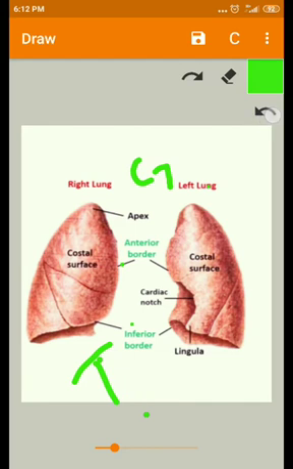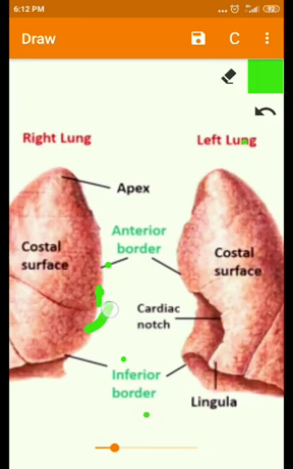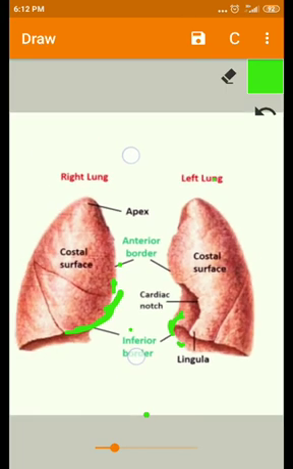Coming to the inferior border, you can see it here. Somewhat, it also covers the mediastinal surface. The inferior border separates the base from the costal and medial surfaces.